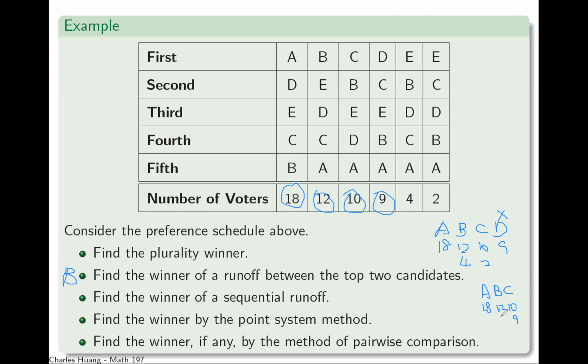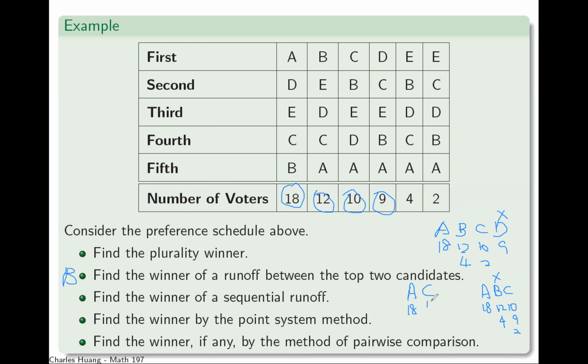And we still have the 4 people voting for B and the 2 people voting for C. You notice in this case, B is eliminated. B has the lowest number of votes. So in this case, the voting will come down to A and C. And if we go through the voting again, you'll notice 18 people will vote for A, but no one else wants A. A is the lowest choice.